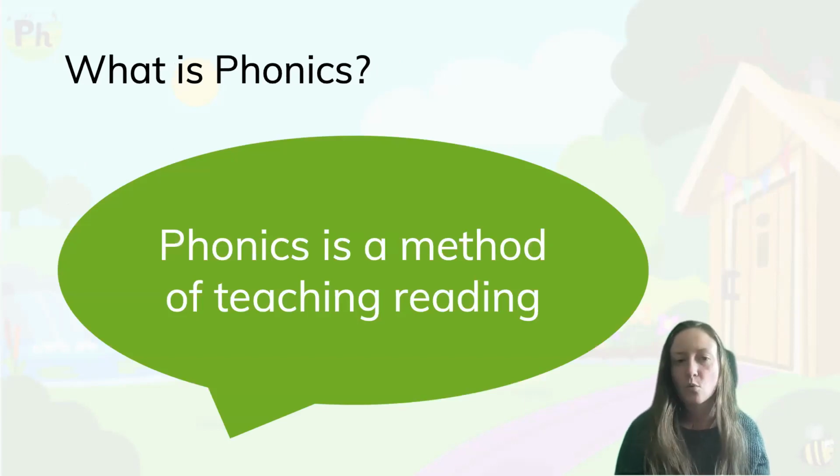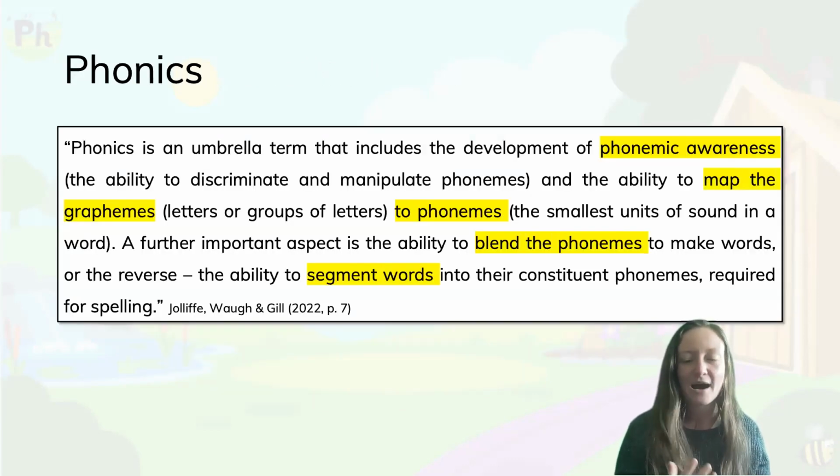So when you ask what is phonics, a lot of people respond with it's a method of teaching reading. And I do have a few problems with that statement on its own. I much prefer this definition. Phonics is an umbrella term that includes the development of phonemic awareness and the ability to map the graphemes to the phonemes.